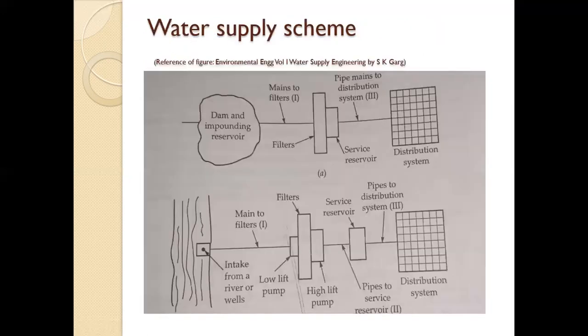This is the typical layout of the water supply scheme, that starts from the dam, that means from the source, from the various surface or subsurface sources. The water is collected and stored in the dam, and then on a daily basis, it is conveyed through the pipelines, through the intake structure, to the treatment plant.